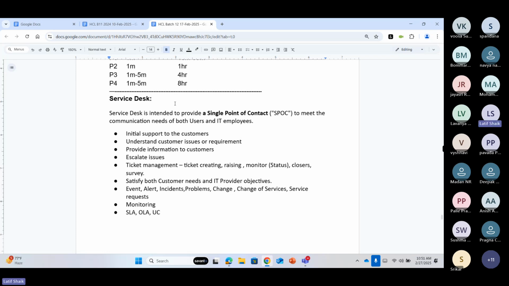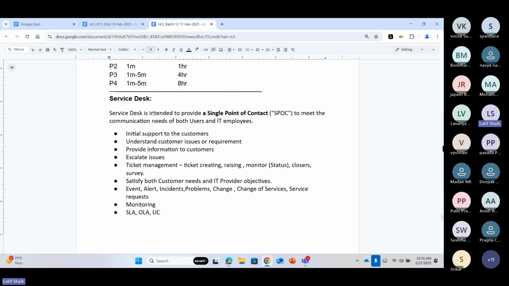And what exactly is the service desk? It is a single point of contact. As I said, it's a kind of platform. It can be a group of people, or maybe an IVR kind of thing, or maybe a software.